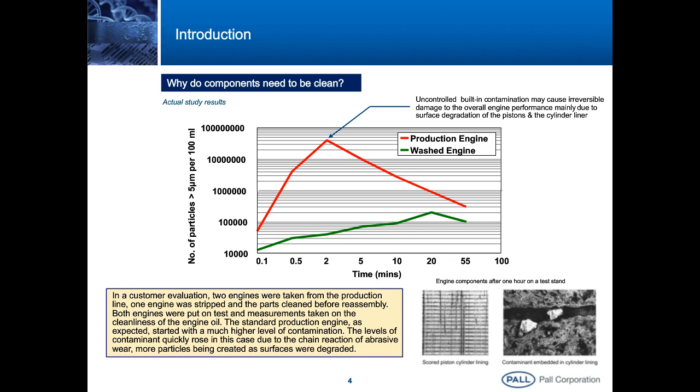Results were very surprising since they demonstrated the impact of initial component cleanness on the surface finish of the piston cylinder liner. In fact, there was simply a factor of 1,000 in the number of contaminants embedded in the cylinder liners between the pre-washed engine and the production engine.